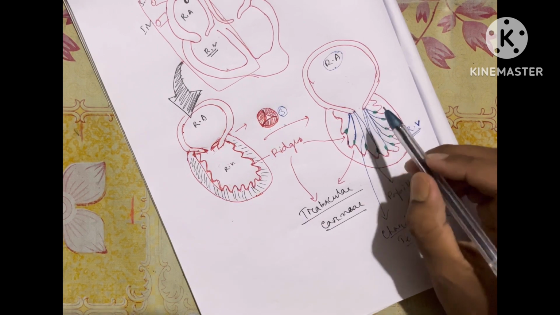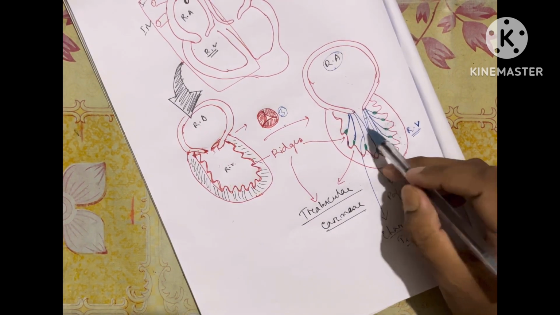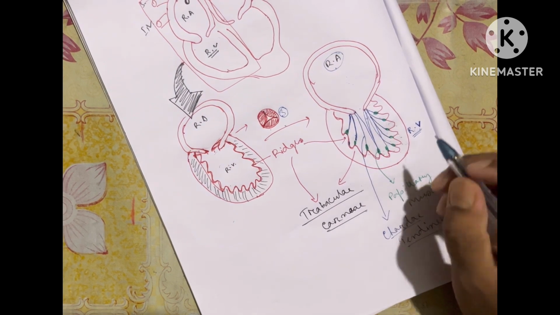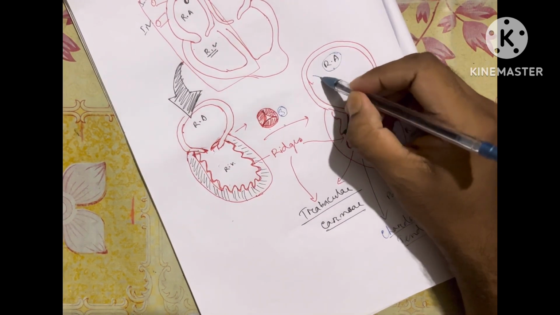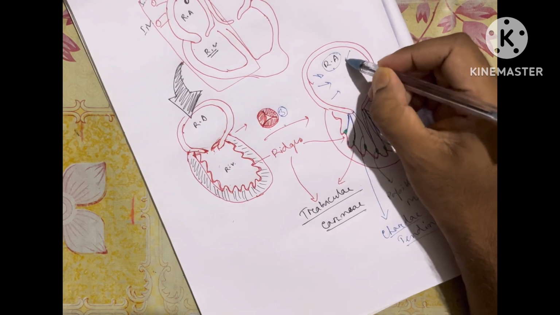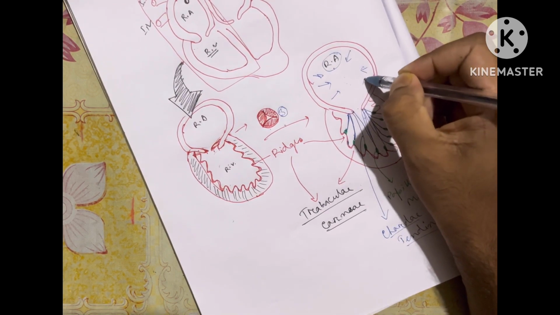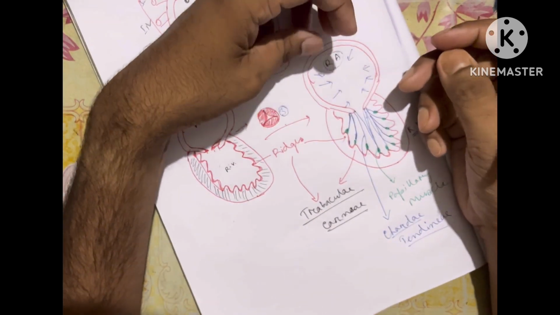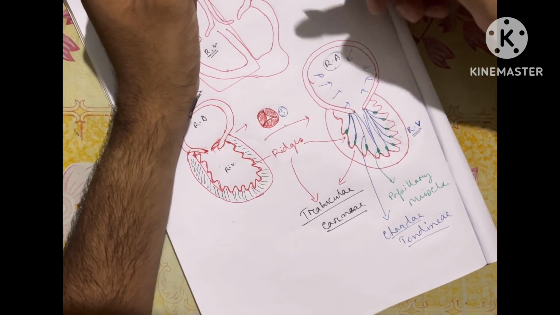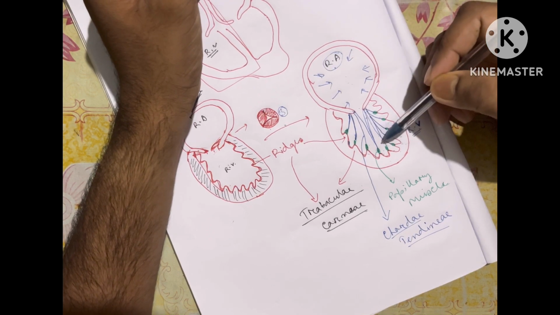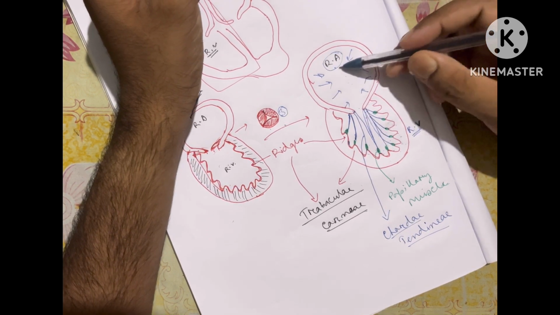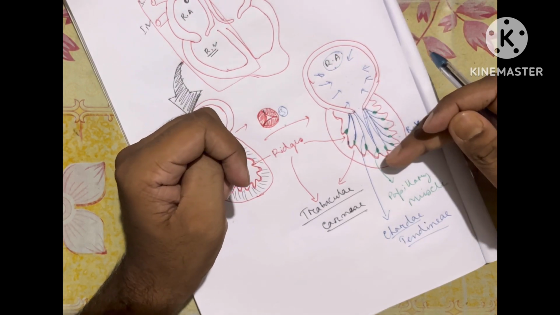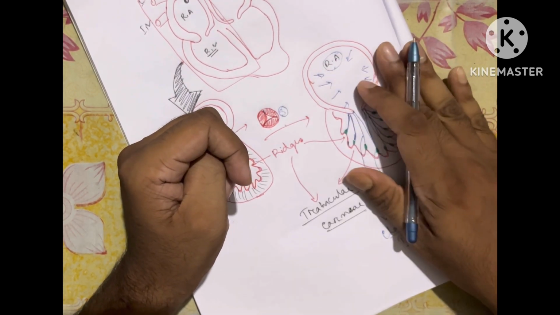Now let's come to the physiology of those structures. What is the need of those structures? Why are they attached like that? We know that when the right atrium contracts, all the blood comes to the right ventricle. There is no problem over here.